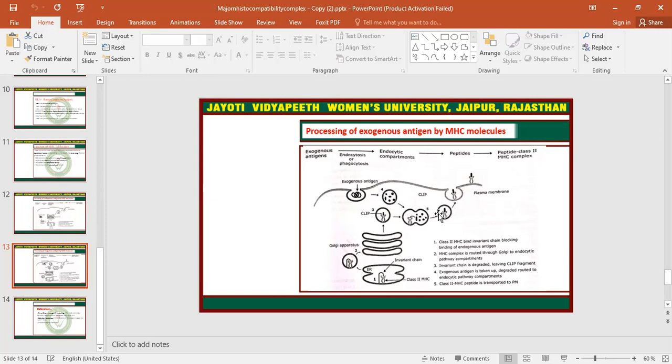After that, this MHC molecule will come and bind the antigen on the peptide binding groove, and after that this peptide along with the MHC molecule will be moved outside the cell, and this time the MHC molecule will show this antigen to T helper cells. So this is all about the MHC molecule.